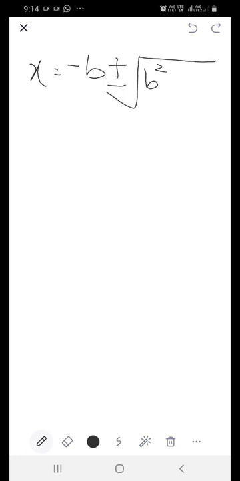And the formula is x is equal to minus b plus minus square root b square minus 4ac upon 2a.